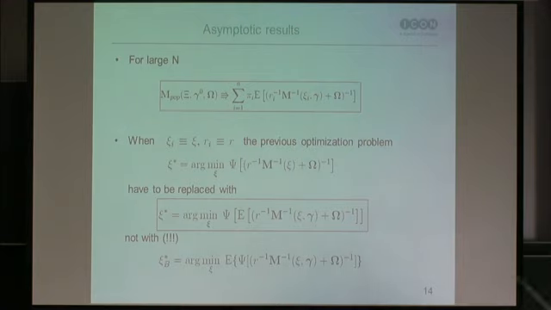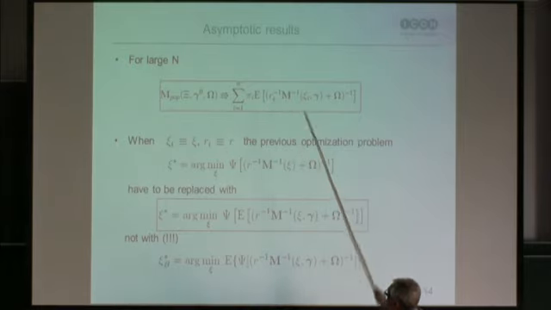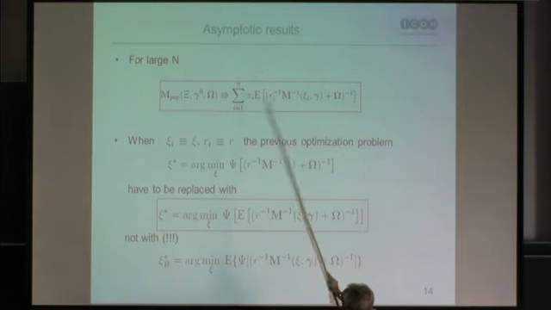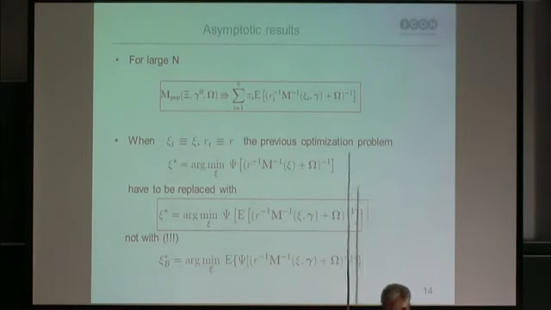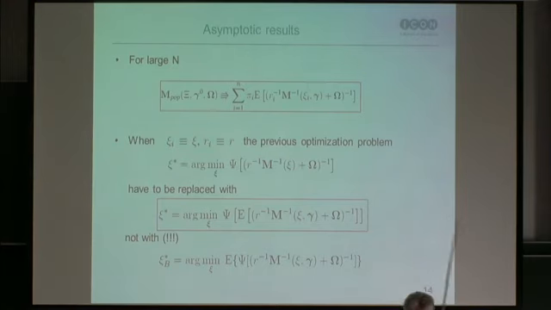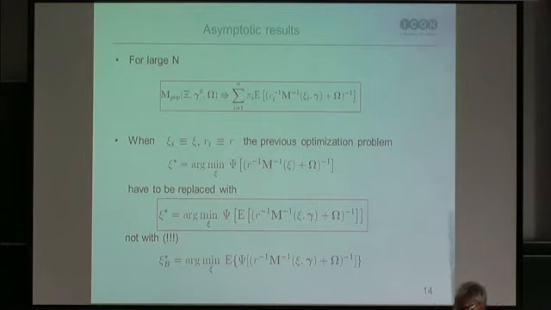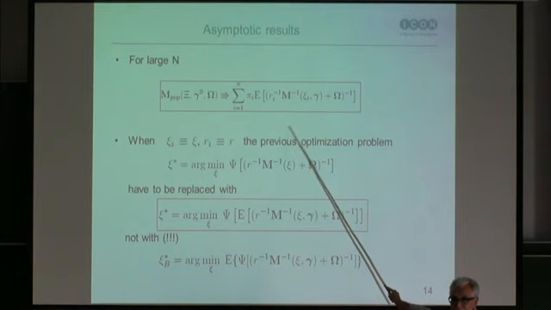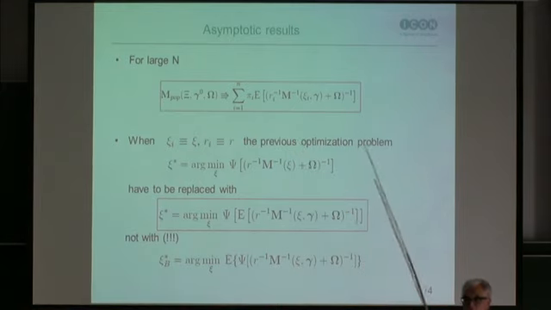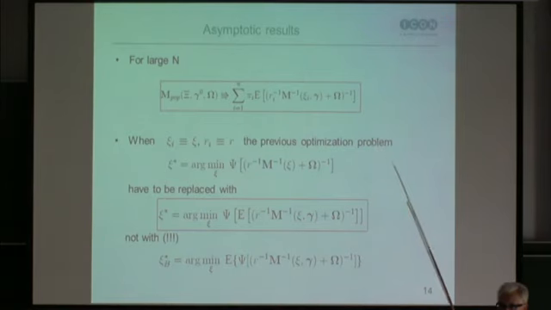We can really see that this sum, the previous sum from the previous slide, will converge to expectation. So that is a sum of expectations. It's the usual law of large numbers.